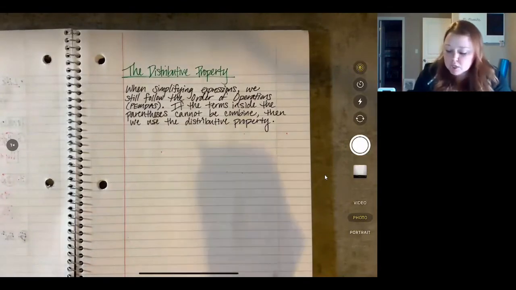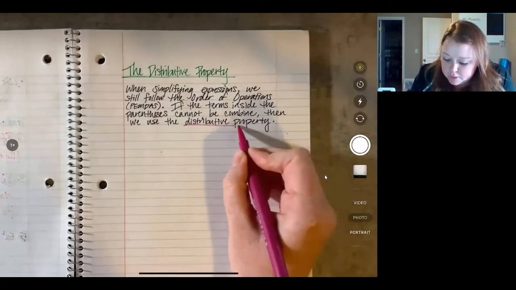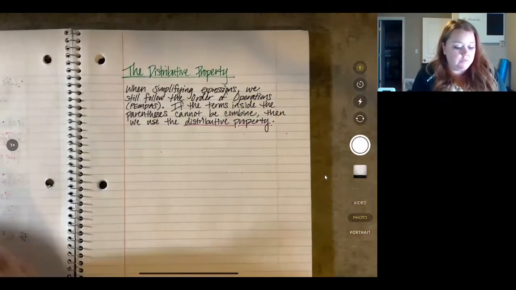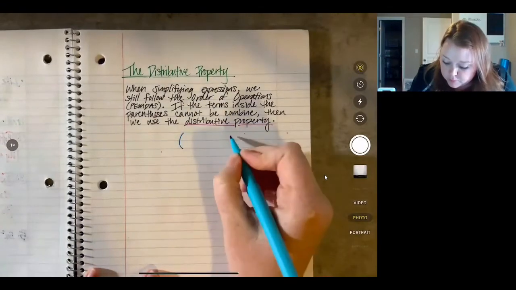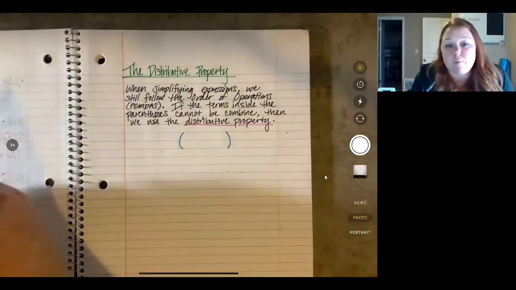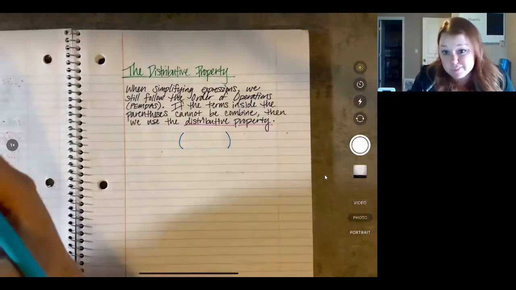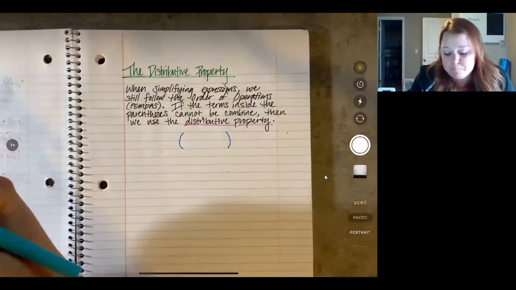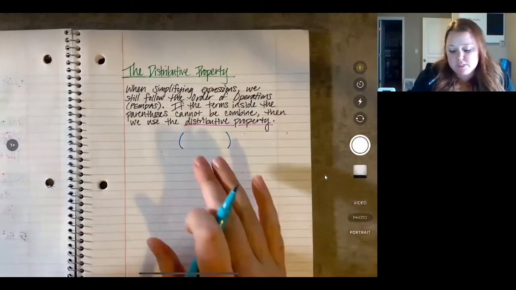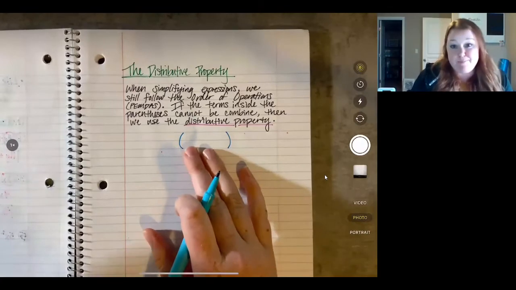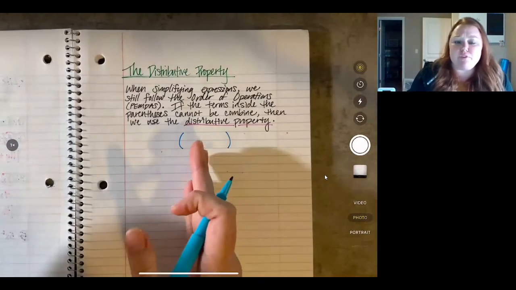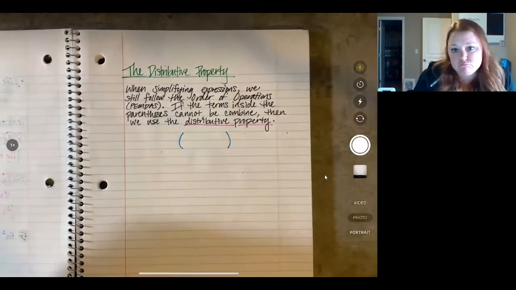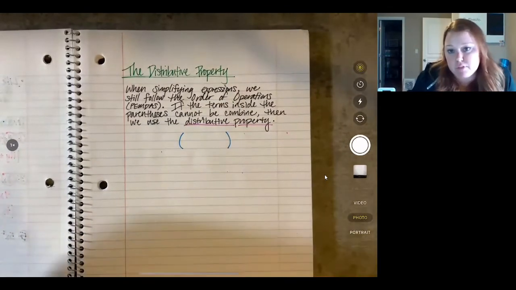So distributive property, what is it? What does it look like? If you have a set of parentheses, order of operations says we do parentheses first, right? But what happens if the stuff inside the parentheses can't be combined? If we had 5 plus 2 in there, then we could just add 5 plus 2 and that's 7.